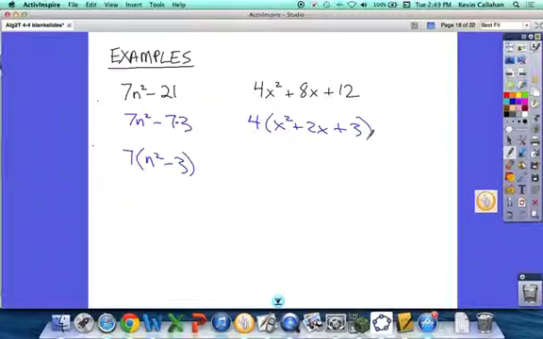Is it factorable? Meaning, are there factors of 3 that add up to 2? No, there's not. So it's not factorable, so you're done. But you have to check. First you factor out the greatest common factor, and then you check to see whether what you've got left could be factored further. So this is not factorable, so you're done.